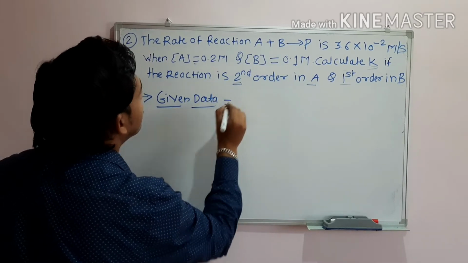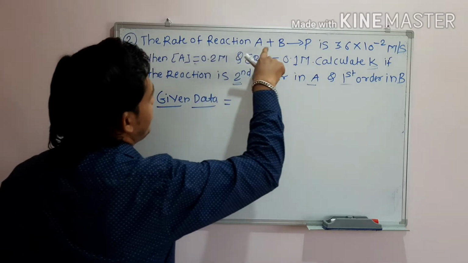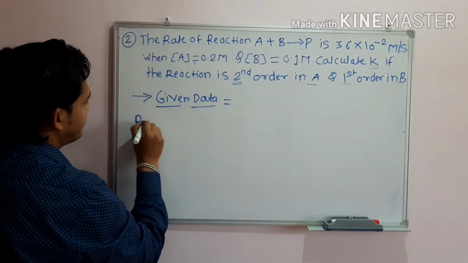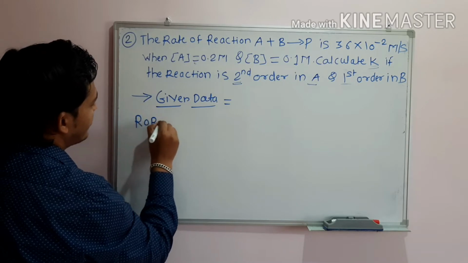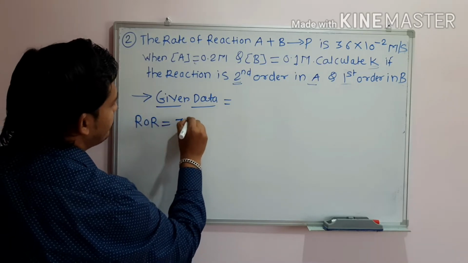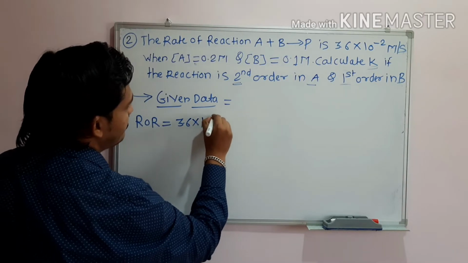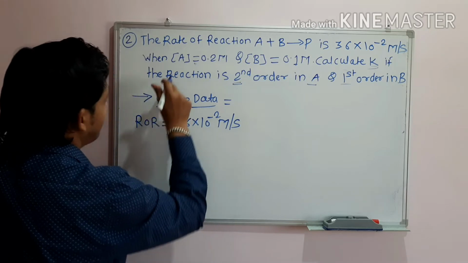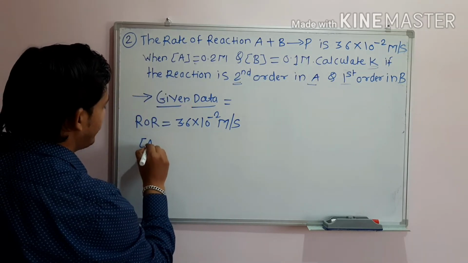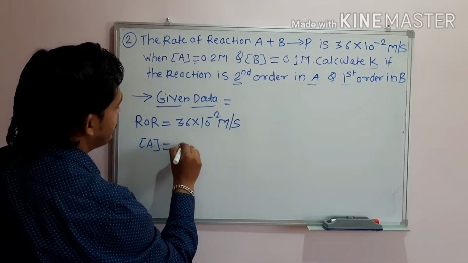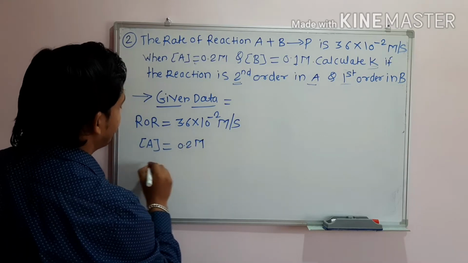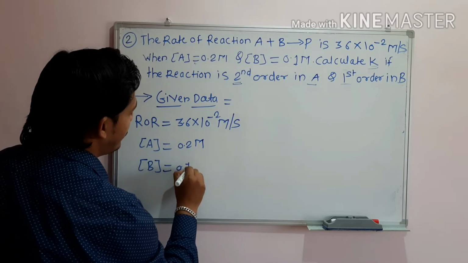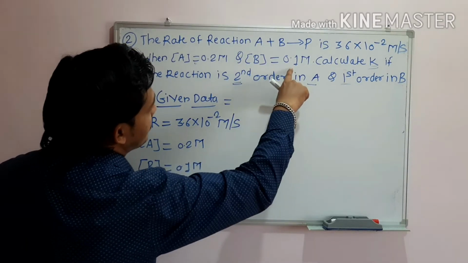Now one by one, the rate of reaction for this reaction, R, rate of reaction means ROR, is equal to 3.6 into 10 to the power minus 2 molar per second, when concentration of A is equal to 0.2 molar, concentration of B is equal to 0.1 molar.